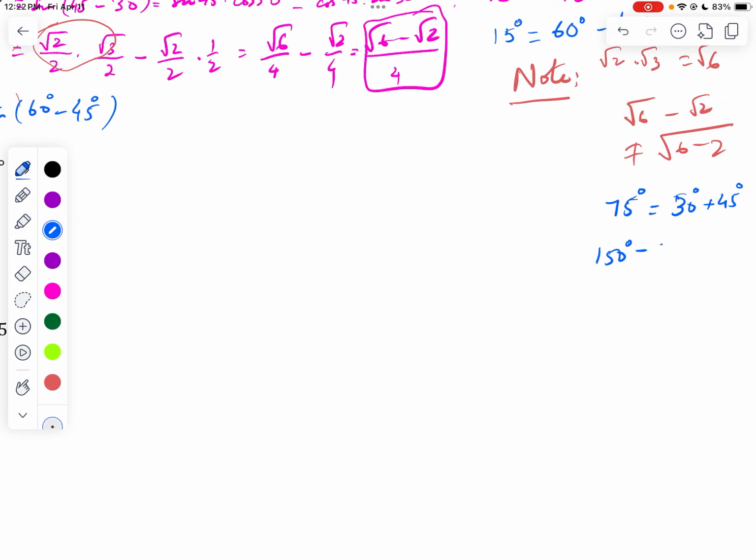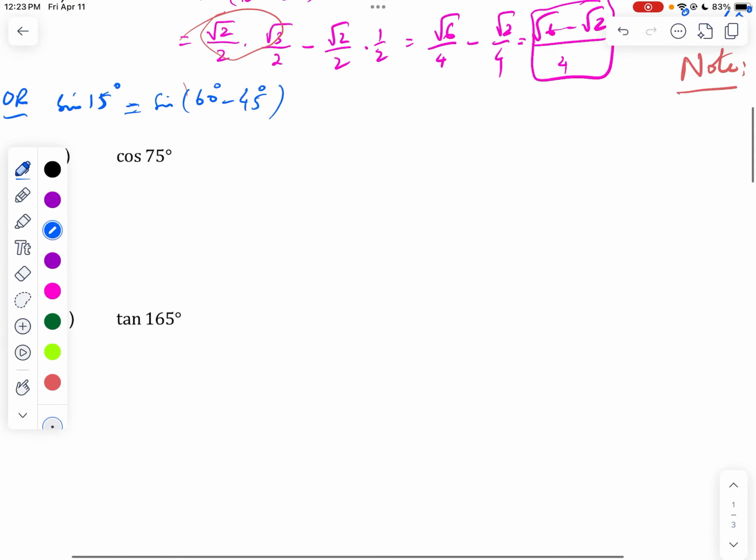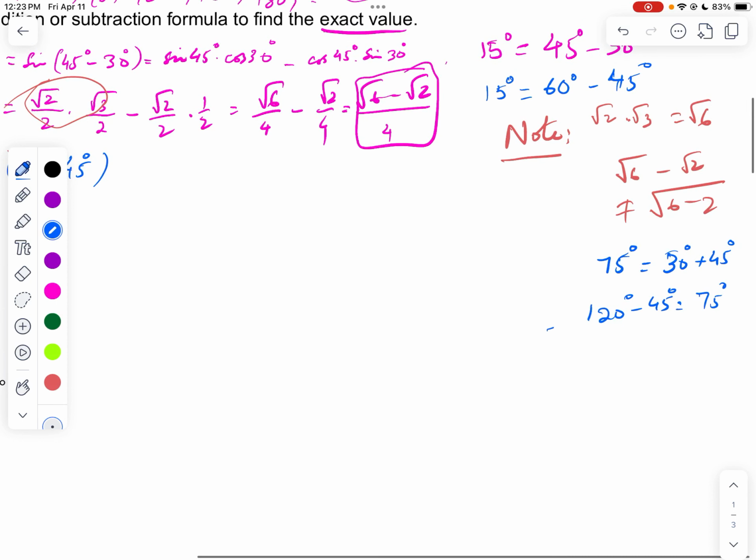No, that won't give you that. What about 120 minus 45? Does that give me 75? Yes, that gives you 75. So try the cosine of 75 using one of those values, and then I'll see you in the next video.